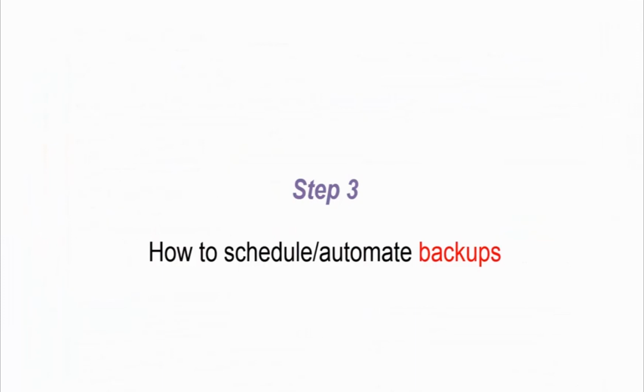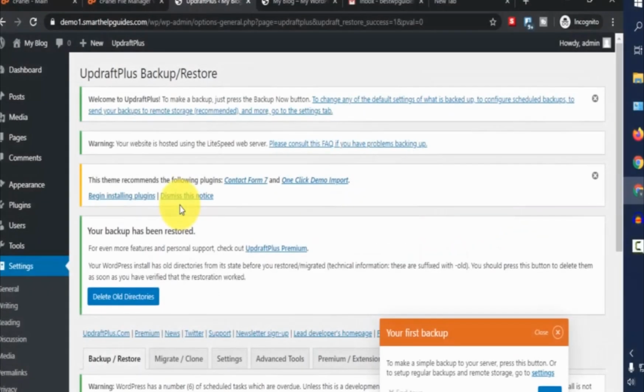So step number 3, how to do automatic backups or scheduled backups. Now we will create an automatic backup. So click on settings.